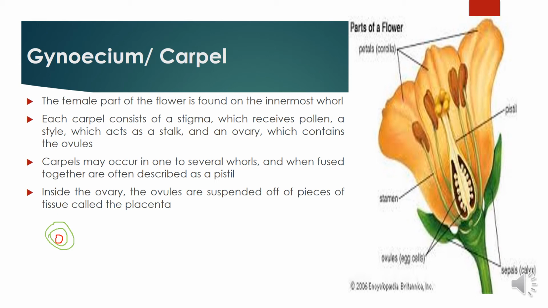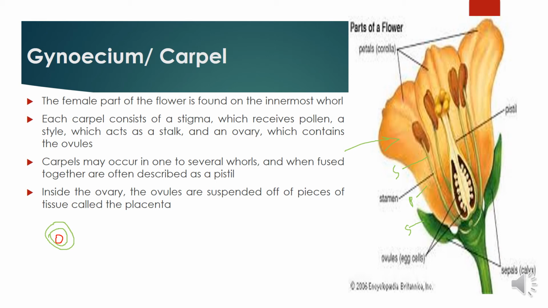Otherwise, in a unisexual flower, it is the innermost and not surrounded by the male whorl. Here in this diagram we are seeing a bisexual flower where the outermost whorl is sepal, the next is the petal, the third layer is the stamen, and the innermost layer is the pistil.